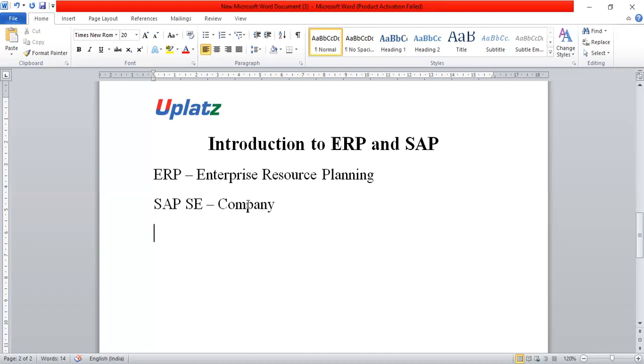That short form is SAP. Here, don't get confused with SAP and SAP SE. SAP SE means it's a company in Germany. This SAP means it is a software which is related to enterprise resource planning.